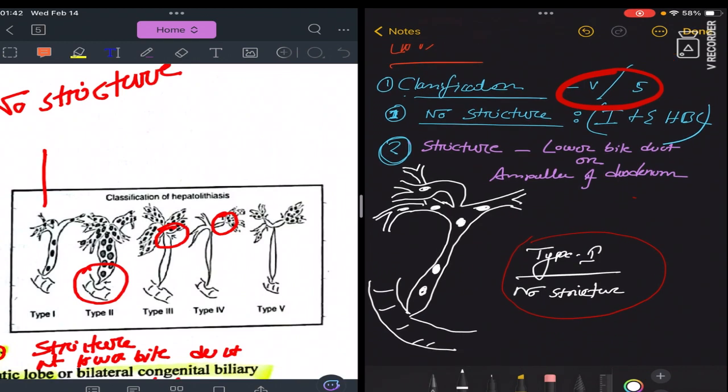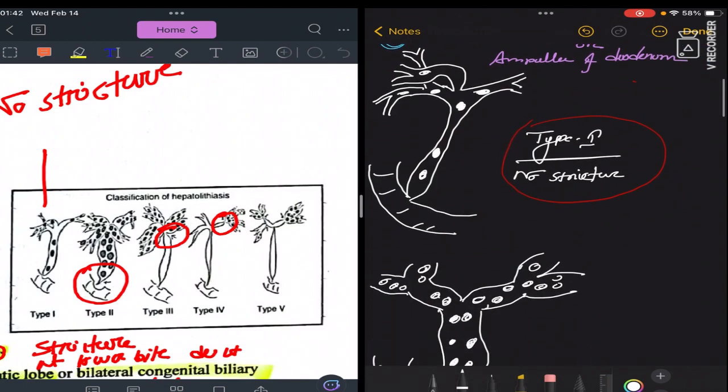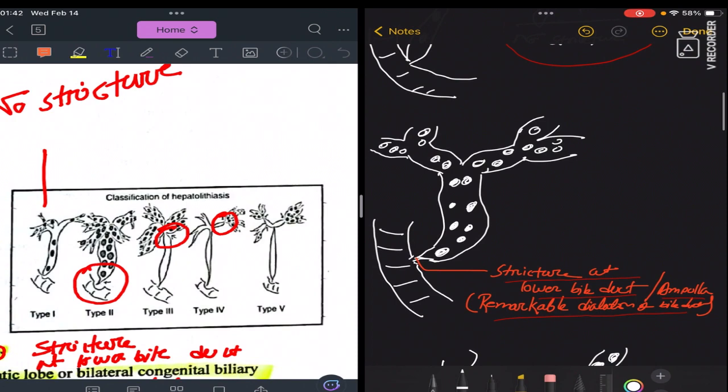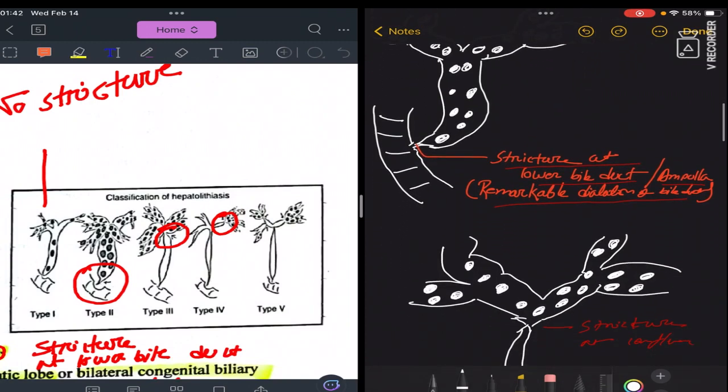Type 1, there is no stricture. Type 2, there is a stricture in the lower bile duct or ampulla, with remarkable dilatation in the biliary channel.